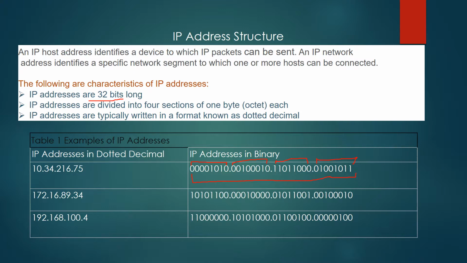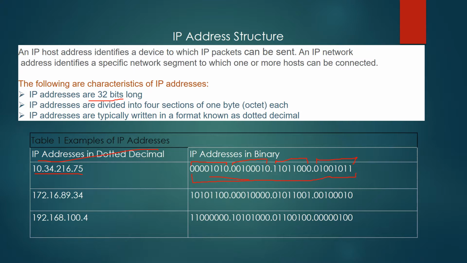IP addresses are typically written in a format known as dotted decimal. Yes, this is the dotted decimal representation. When you are writing an IP address, you will write something like 10.34.216.75. This is called the dotted decimal representation, and this is the binary representation of the IP address.